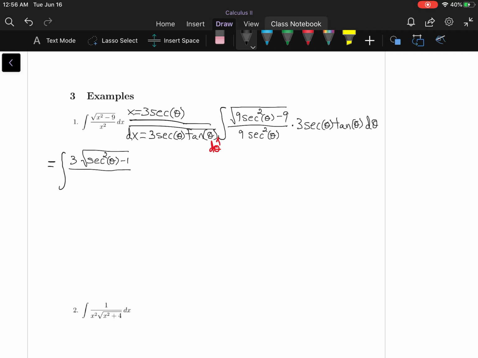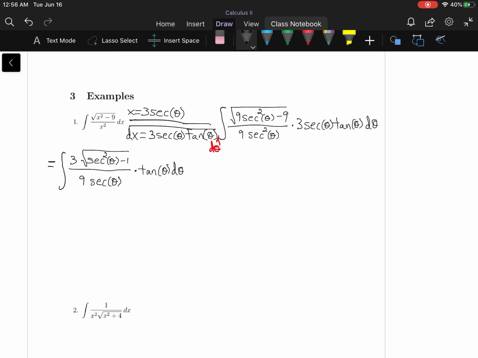On the bottom, we have 9 secant thetas. 1 secant disappeared because of the 3 secant tan theta on the outside, so I divide a secant on top by one of the secants on bottom, which still leaves us with a tan theta d theta.